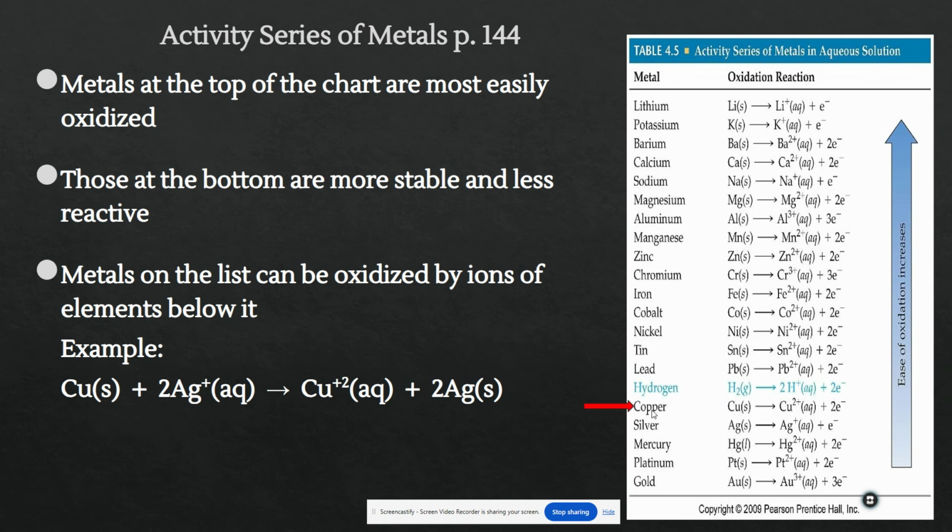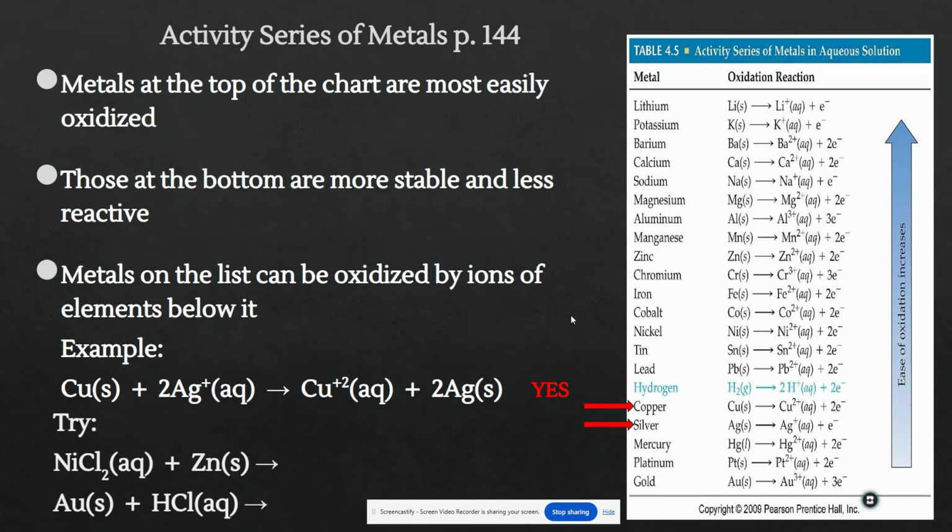Copper's right here, and then I find the silver, which is right below it. The silver ion is below the solid copper, so I would say yes, this reaction will occur. You have a couple more examples here. You can pause and see if you can find them on the list and decide yes or no.